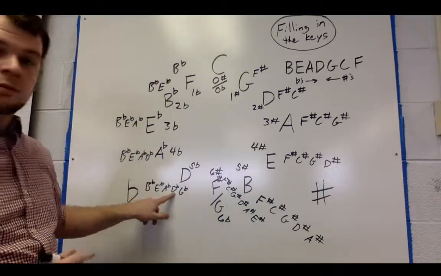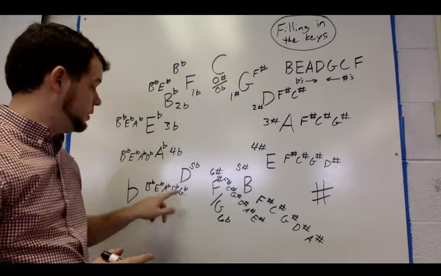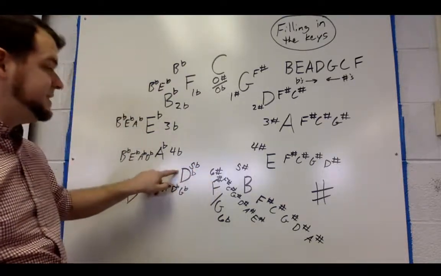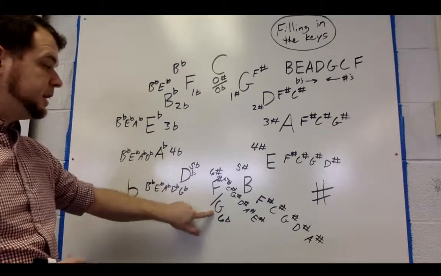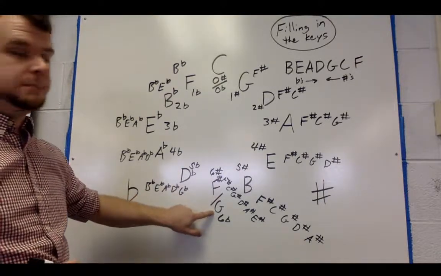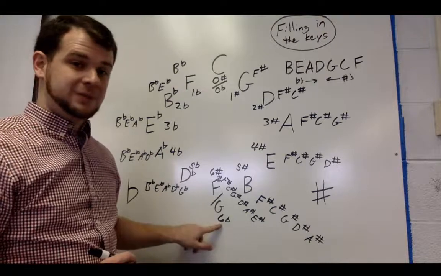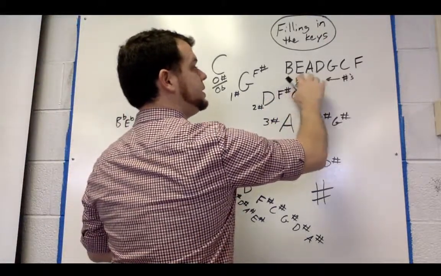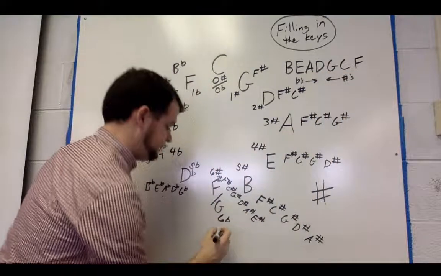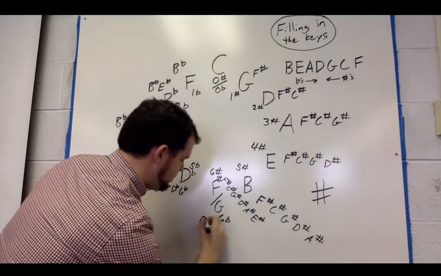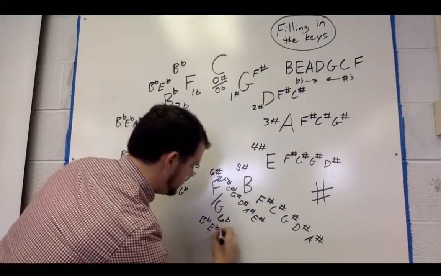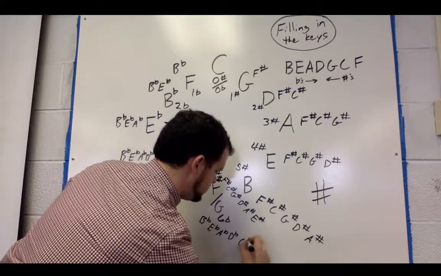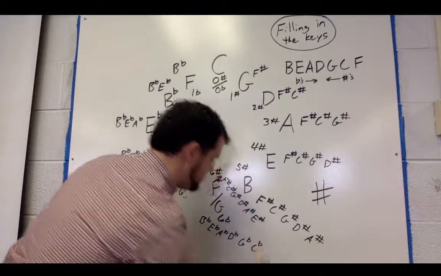Once again, we have a flat in the key signature, so we're going to add it to the name of the key. So that's the key of D flat. And last but not least, we have G down here, which says it has 6 flats. So we'll go 1, 2, 3, 4, 5, 6, B, E, A, D, G, and C. So we have B flat, E flat, A flat, D flat, G flat, and C flat.